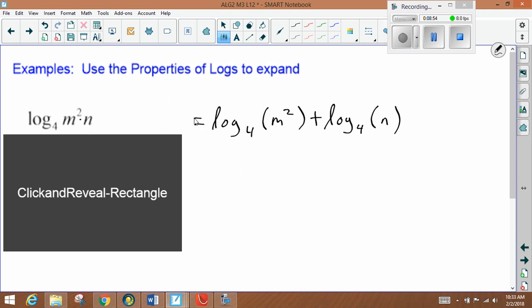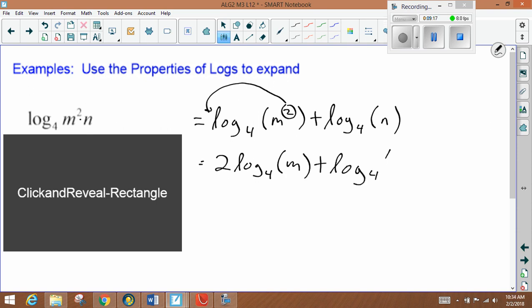The next property I'm going to use tells me I can take this exponent and put it out to the front. So this is going to become 2 log base 4 of m plus log base 4 of n. It is nowhere in your book, sorry.